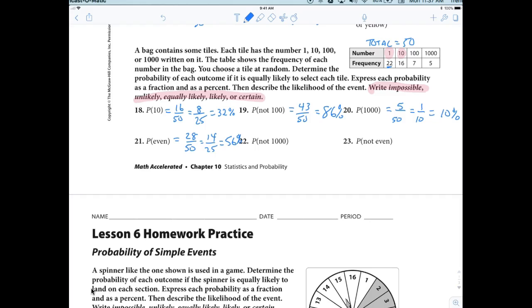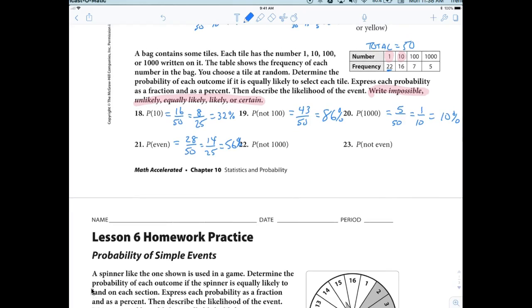Perfect. Max, what's the probability that you're not 1,000? It's going to be 45 over 50, which can reduce to 9 over 10, which is the same as 90%. Good work, buddy.